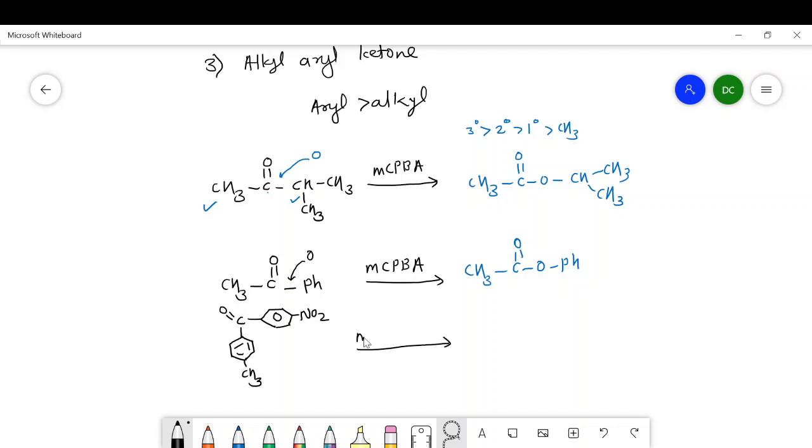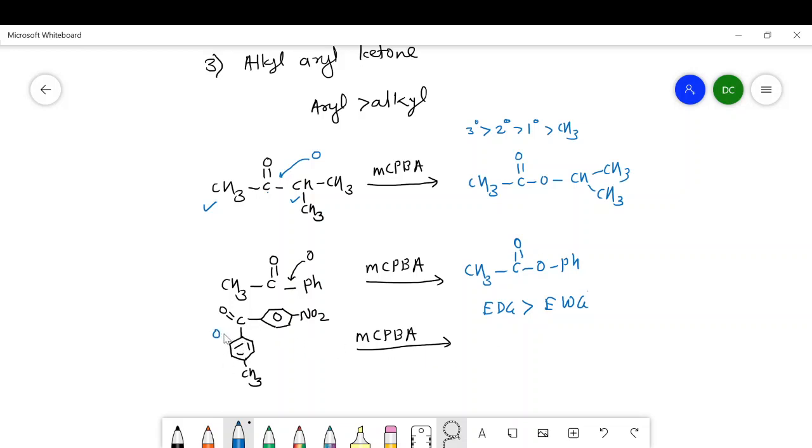Now see the migratory aptitude. Here the NO2 group is electron withdrawing, whereas this group is electron donating. We know that an electron donating group has more migratory aptitude than an electron withdrawing group. Therefore, this group is migrated.